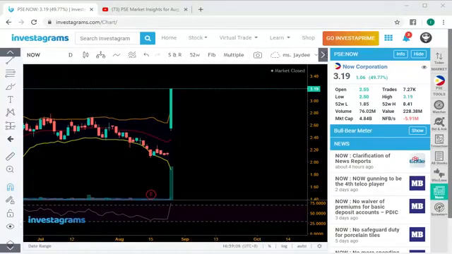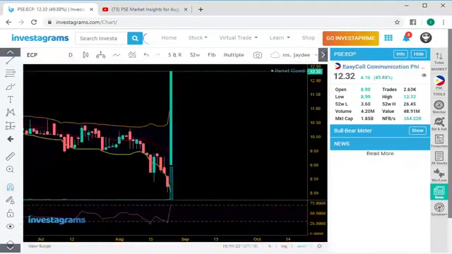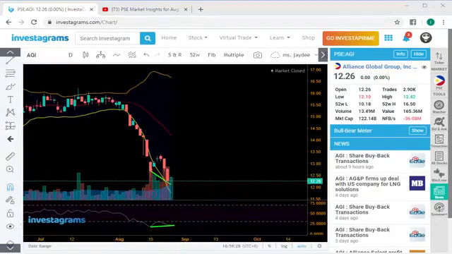So same recommendation for those who are interested in, was it ECP? ECP that had a big jump today. Same recommendation as what we mentioned about ECP.